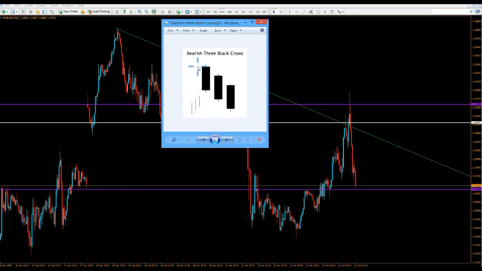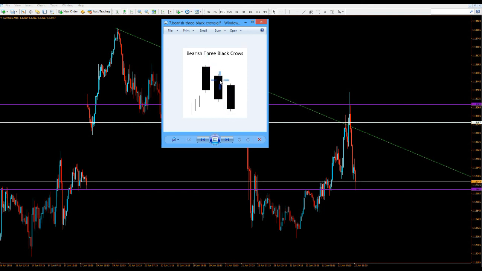So in an uptrend, price opens near resistance, closes down, and then the next one opens inside the body but closes below the body of the previous one, and so on. So you have 3 bears completely taking charge and no bulls at all in this formation. So another indication of reversal, bearish reversal.